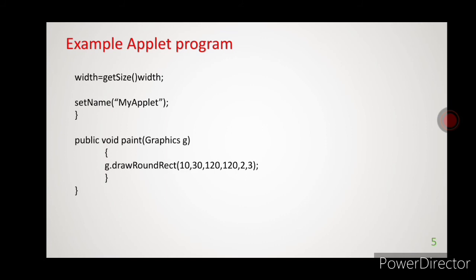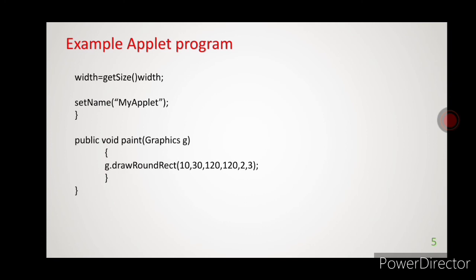g.drawRoundRect, and we are passing some parameters or dimensions there. Okay, 10, 30, 120, 120, 2, 3. This 10 and 30 whatever dimensions we are passing now, that specifies the x-axis value and y-axis value.